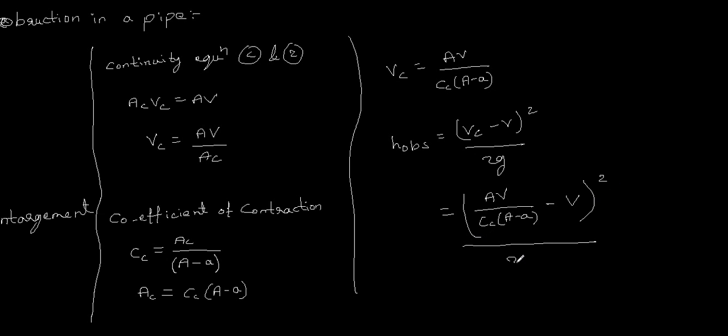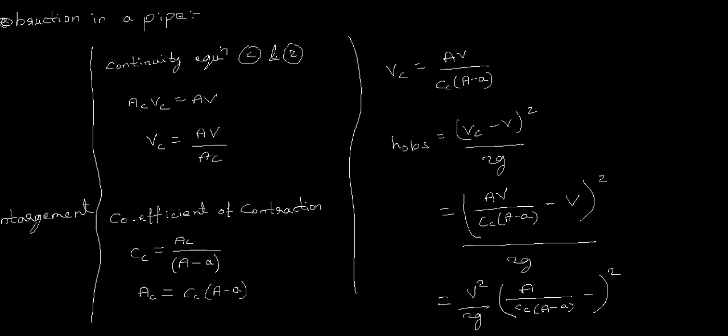In this equation, take V square by 2G as common, so the V term is eliminated. We can write it as A by CC into capital A minus small a, whole minus 1, whole square.